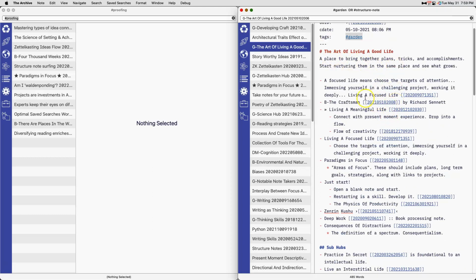Now, back to the problem Graham was looking at solving. In this two-window workflow, I'm going to launch this particular link, Living a Meaningful Life, into the left-hand window.